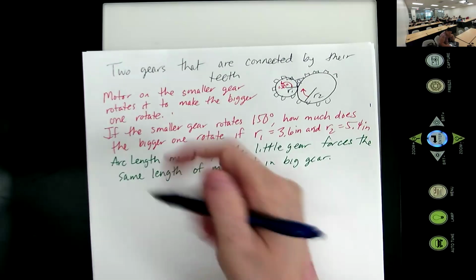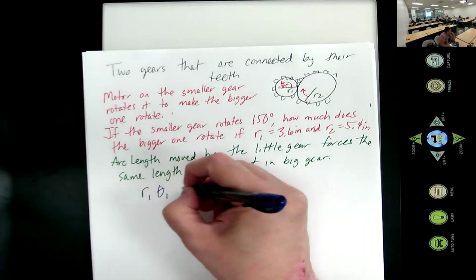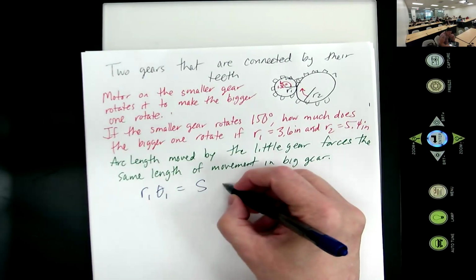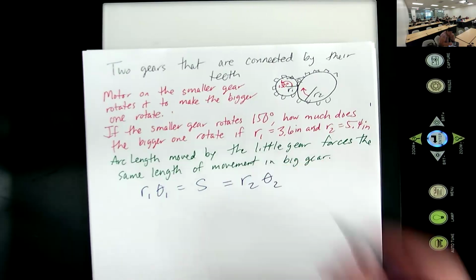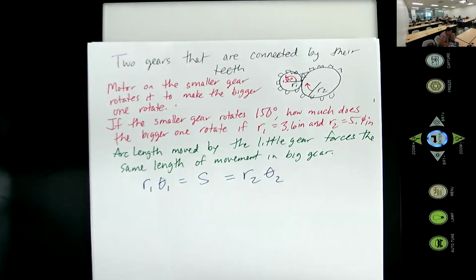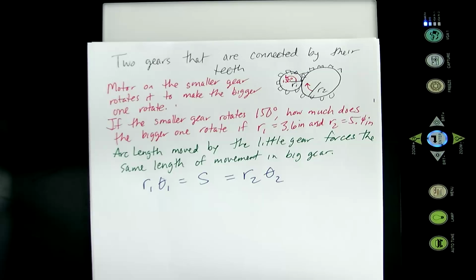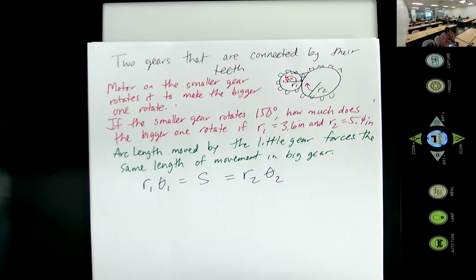So R1 theta 1 has to equal S, but that should equal R2 theta 2. Do we have to turn degrees into radians first? Yes, we'll definitely need radians, since we're using arc length to do it.